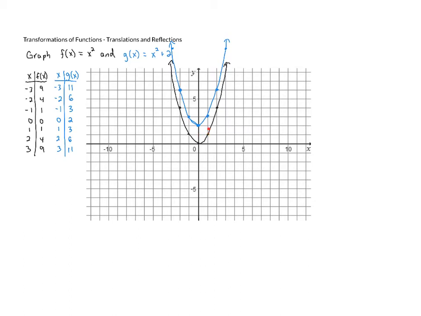If we look at 1, 1, it goes up to 1, 3. If you look at 2, 4, it goes up to 2, 6. So what has happened here is we have a vertical shift up 2 units. This is what happens when we add 2 to the function that we started with.